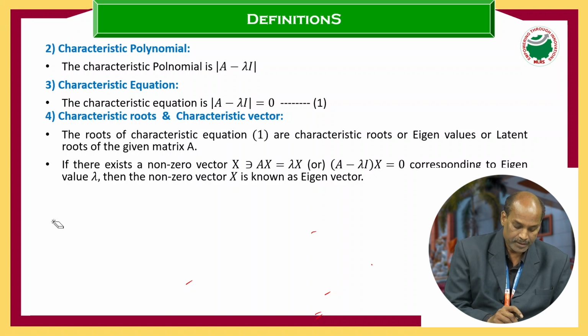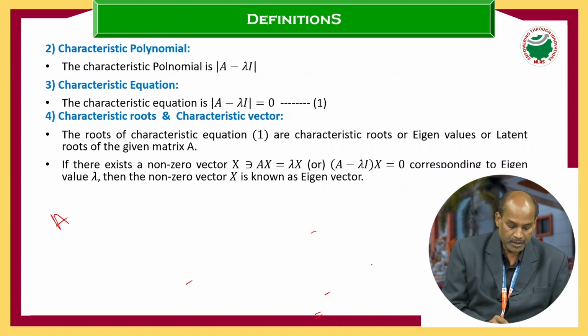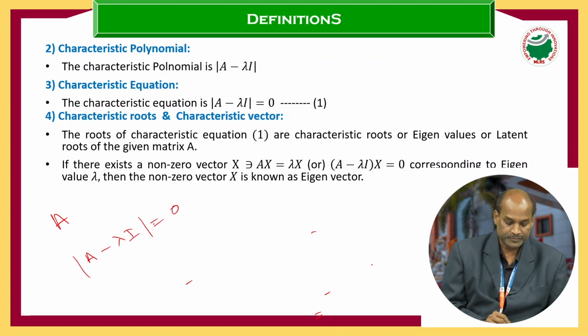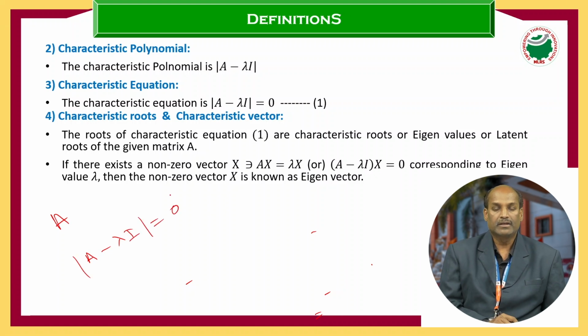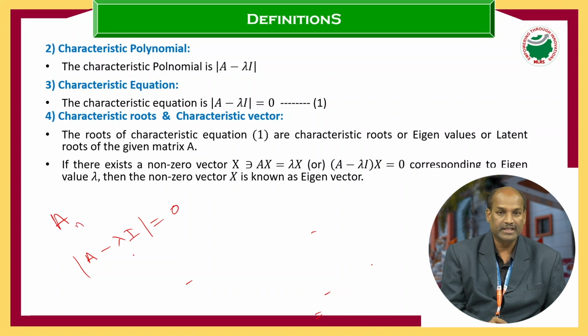Suppose A is a matrix, a given square matrix. Then what is the characteristic equation of this? The determinant of A minus lambda I equals 0. Now it is an equation in lambda, and the degree of this equation is n. Suppose A is an nth order square matrix, then it is an nth degree characteristic equation.